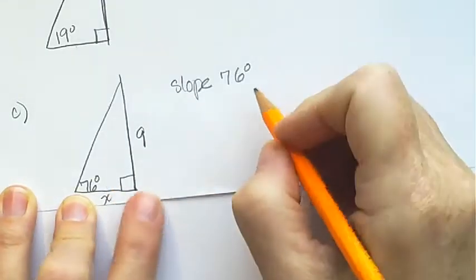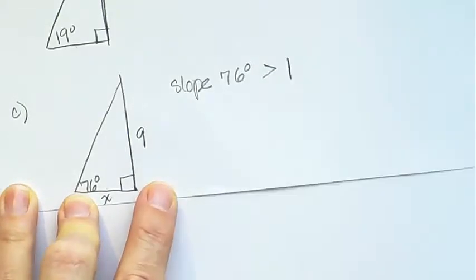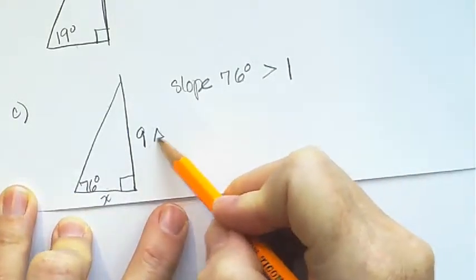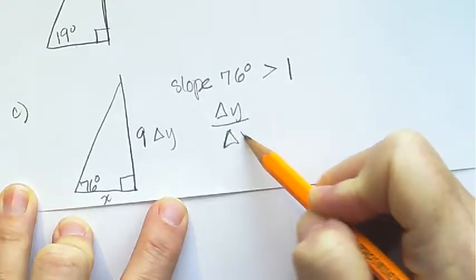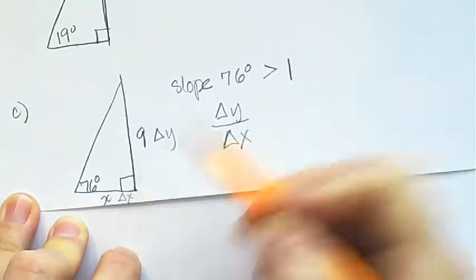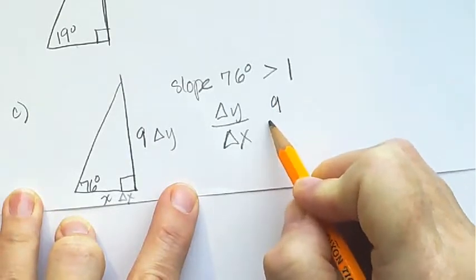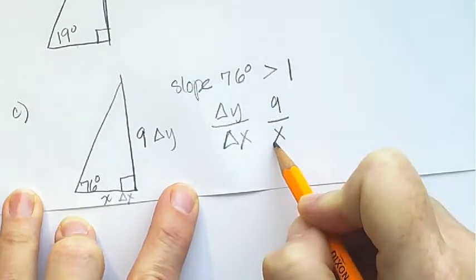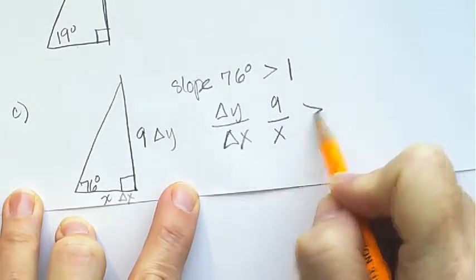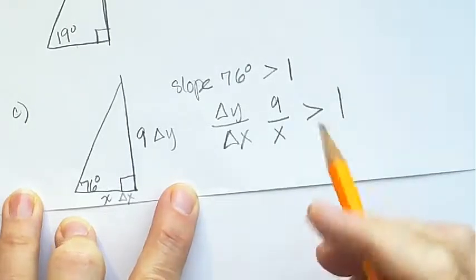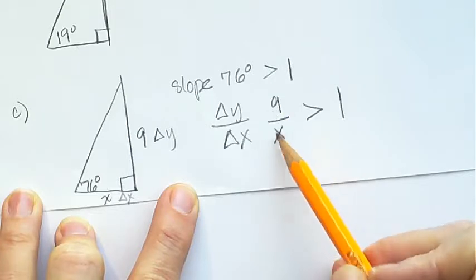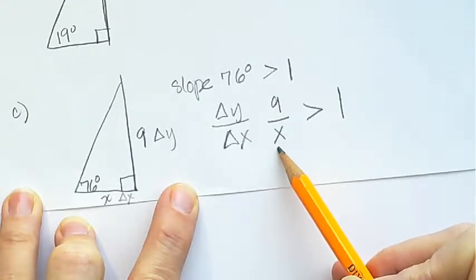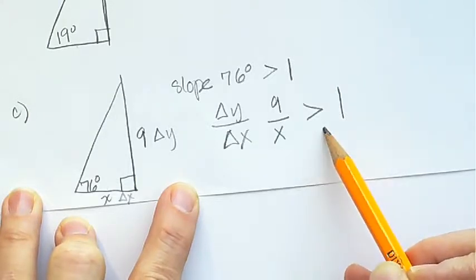So that means that the change in y over the change in x, in this case 9 over x, has got to be bigger than 1. Well, if this is bigger than 1, think about it. What could you divide 9 by and get an answer that is bigger than 1?